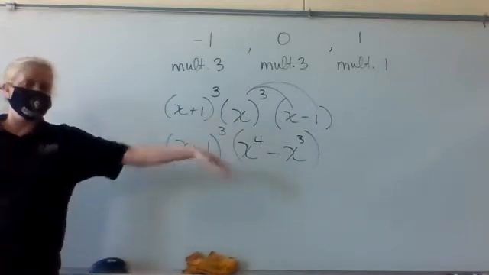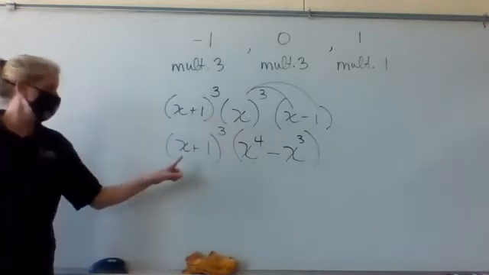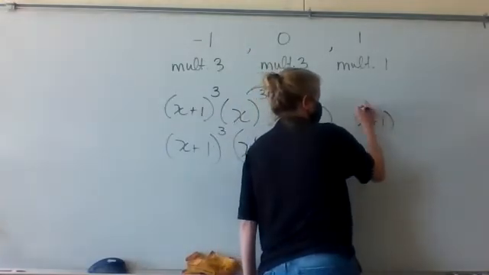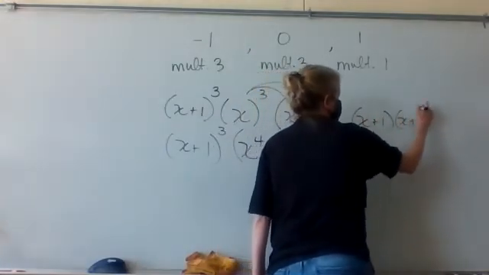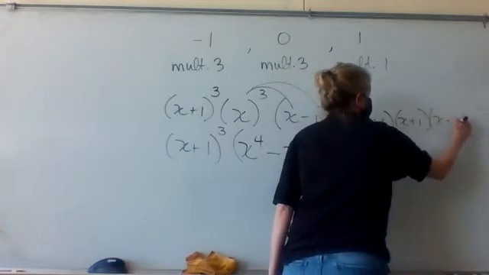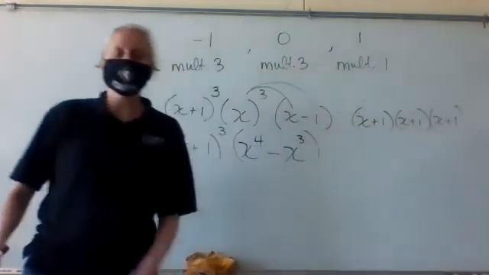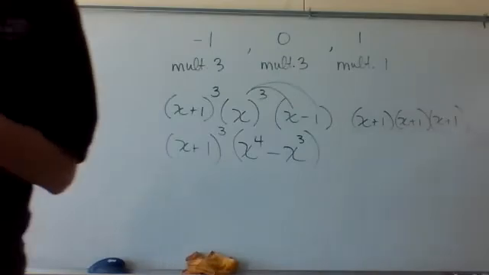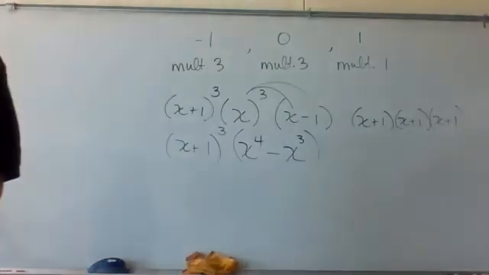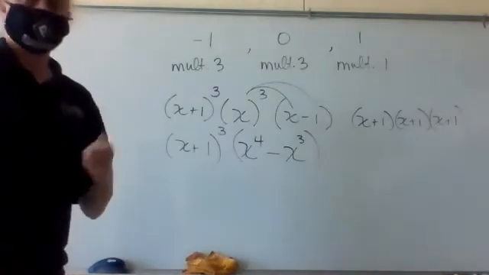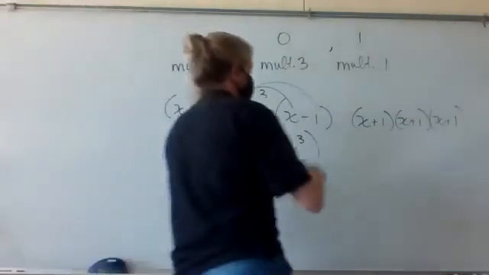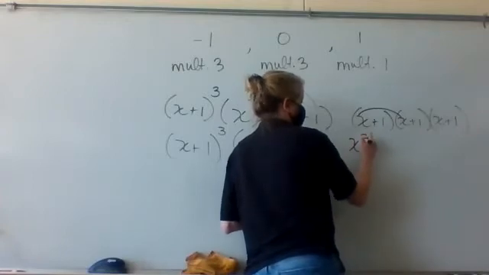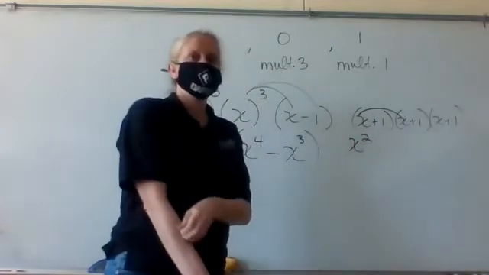I'm going to do it over there on the side. Because what does x plus 1 to the 3rd mean? It means x plus 1 times itself 3 times. So I got a bunch of foiling within foiling within foiling. So let's see. My first, x times x gives me x squared.